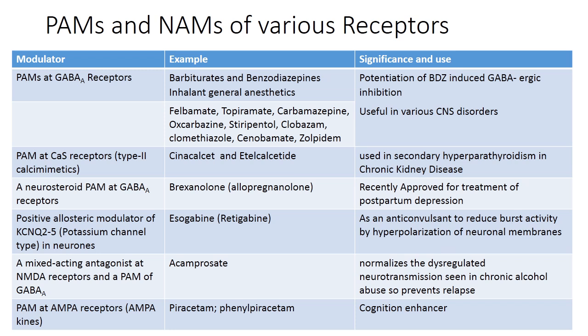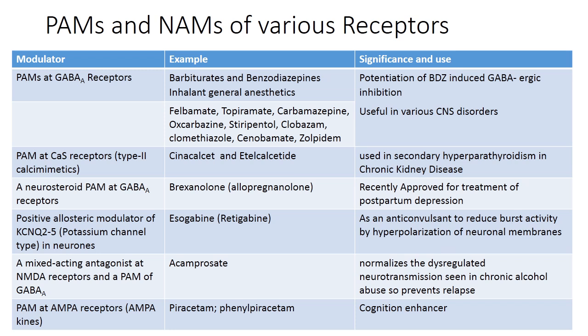A positive allosteric modulator of the potassium channel subtype 2,5 is retigabine, the other name is ezogabine, and it is found to have an anticonvulsant activity due to reduction in the burst activity due to hyperpolarization. A mixed acting antagonist at NMDA receptors may have a PAM activity on the GABA A receptor.